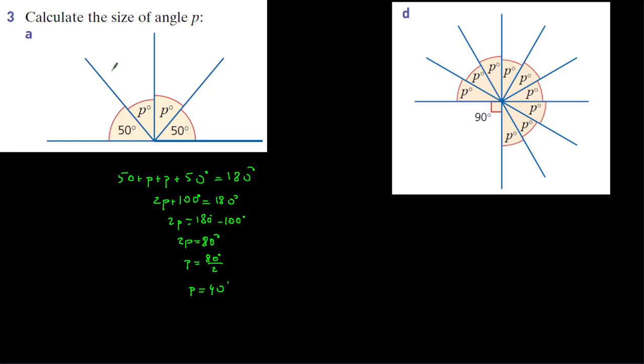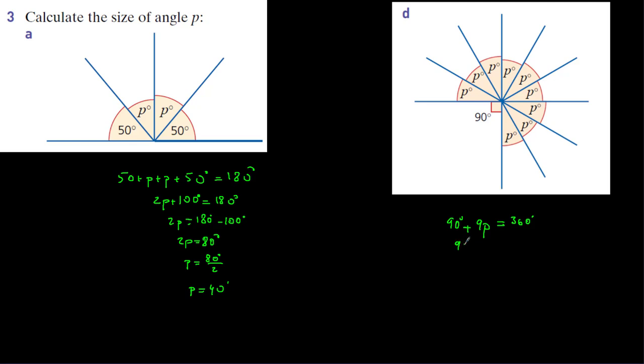So we are going to calculate the size of P. Here we are going to find the angle P again, and here we understood that this is 90 degrees. The rest of them, the sum, should be 270 degrees. 90 plus 1, 2, 3, 4, 5, 6, 7, 8, 9 p is equal to 360 degrees.